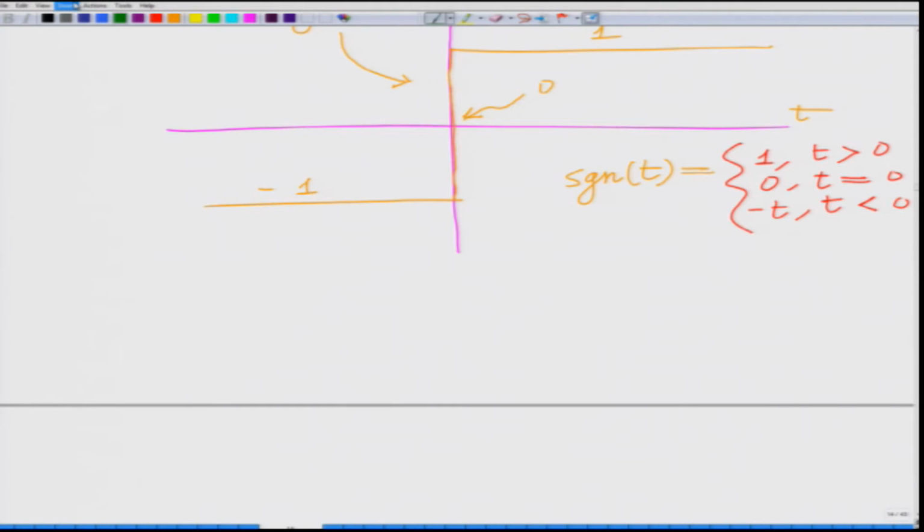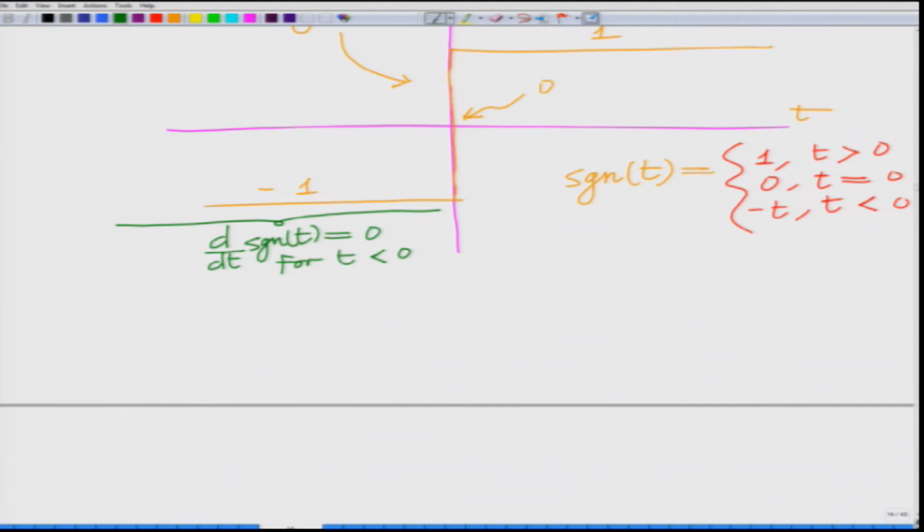Now, in this region, for t less than 0, sgn(t) is constant. So, d by dt of sgn(t) equals 0 for t less than 0. You can see it is flat. For t less than 0, sgn(t) is minus 1, so the derivative is 0, because it is a constant.